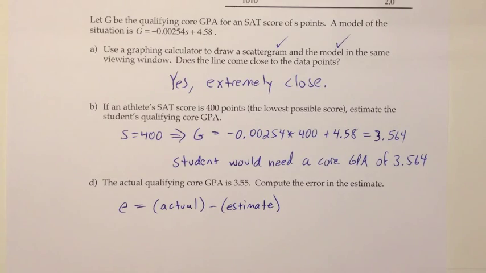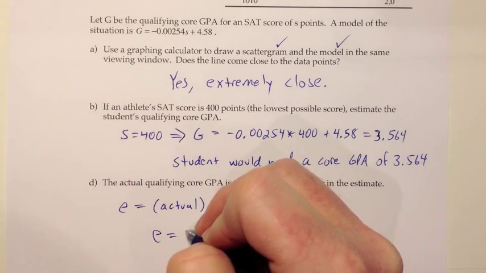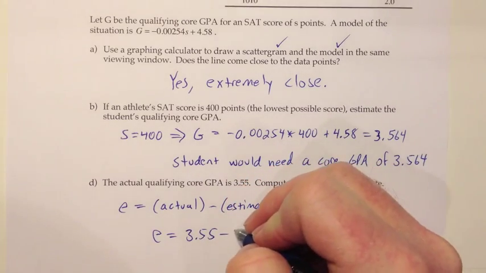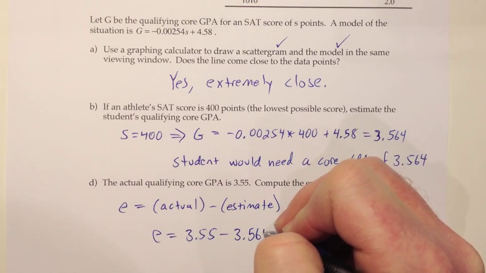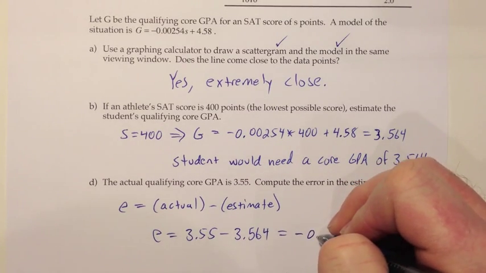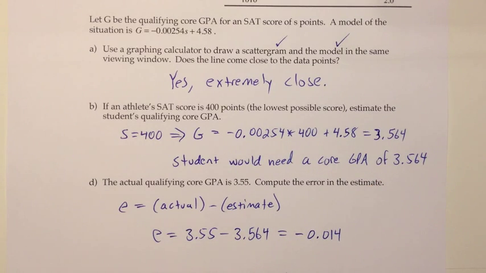They're telling us what you really need is a 3.55, so that would be the actual. But when we used our equation, what we came up with was 3.564. If you subtract those two numbers, you get negative 0.014. So that's the size of our error, and that seems like a very small error to me.